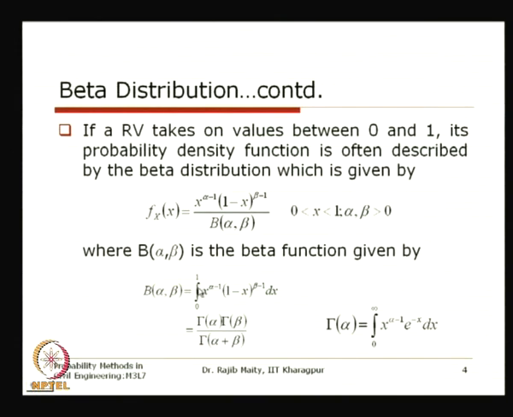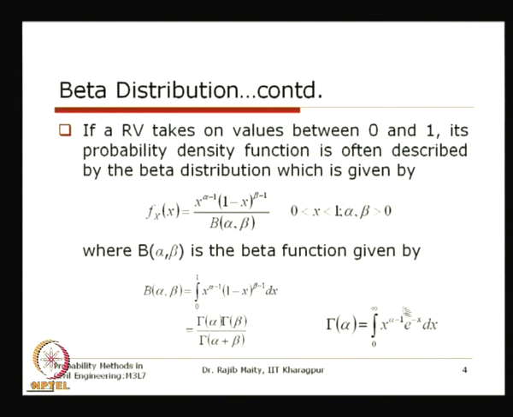It can be shown that this is related to another function, known as the gamma function: gamma alpha multiplied by gamma beta divided by gamma alpha plus beta. This gamma function is again an integral form, shown here, with a single parameter alpha, which is the integration from 0 to infinity of x power alpha minus 1 e power minus x dx.